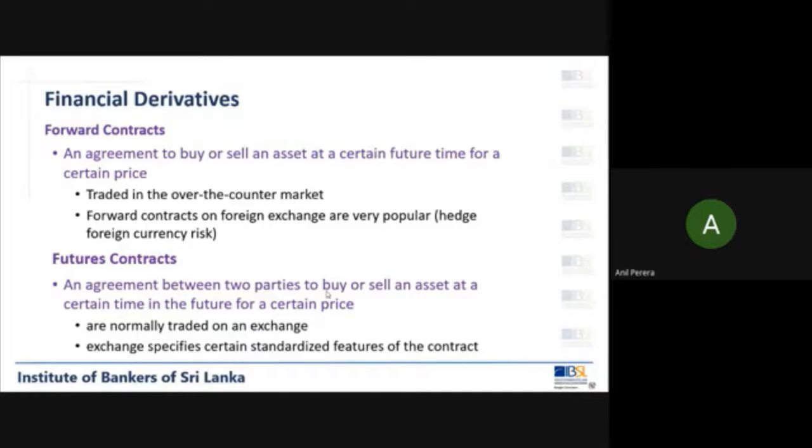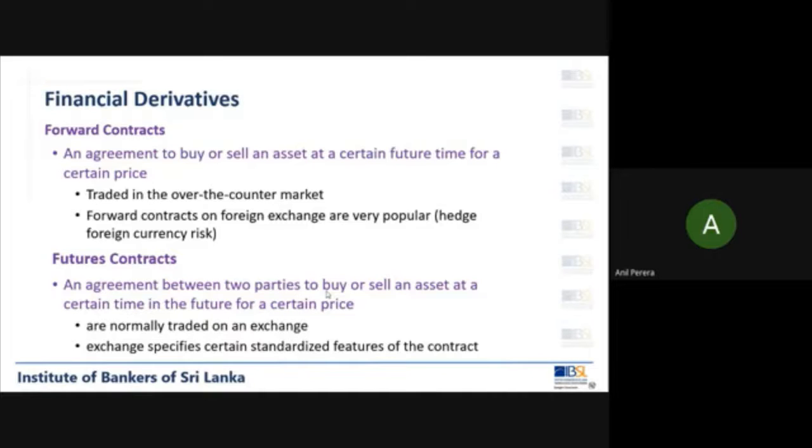The foreign exchange market is very active on the over the counter market, and as a result, these forward contracts can be largely seen in the foreign exchange market, right? So in the foreign exchange market, we can see this in a wider or more popular way.